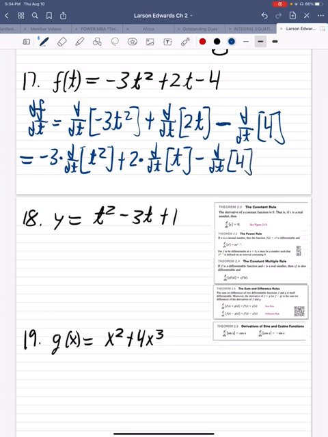These take advantage of the constant multiple rule, and this last one is the constant rule because we know that the derivative of any constant is 0.